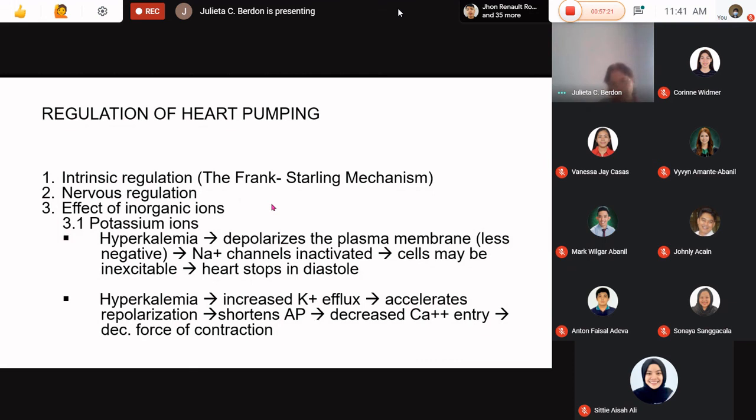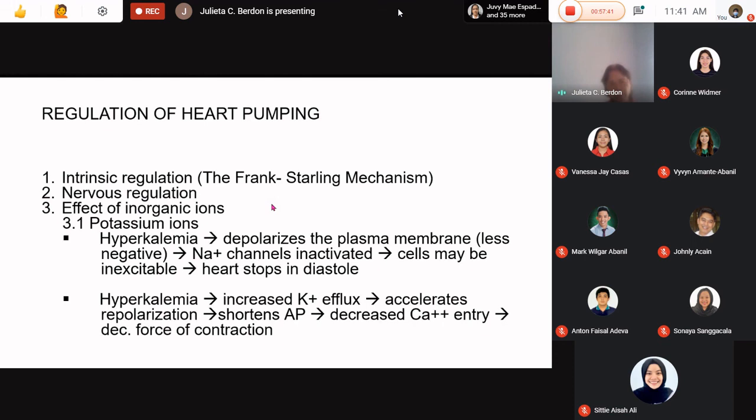So the force of contraction is greater. That is the reason behind Starling's law of the heart, or the Frank-Starling mechanism. So if your end diastolic volume is greater, then the stretching is greater, the force of contraction will be greater, and therefore your stroke volume will be greater.